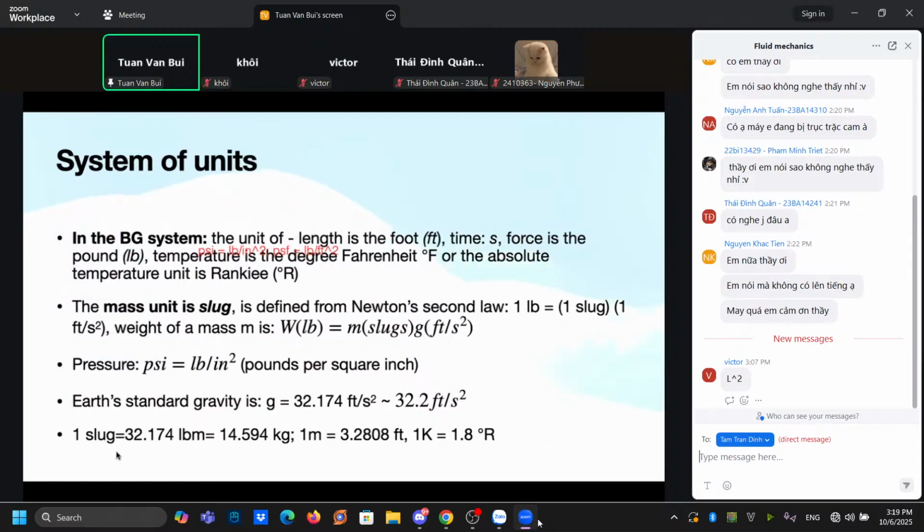And we can make the conversion: 1 slug equals 14.594 kilograms. So it means that 1 pound mass equals about 0.5 kilogram.